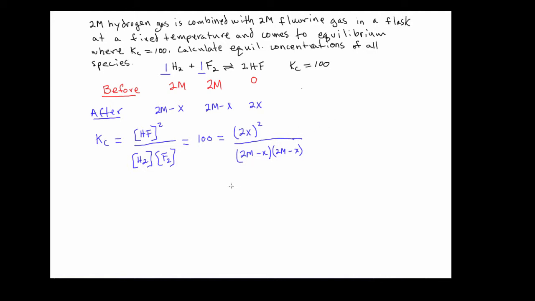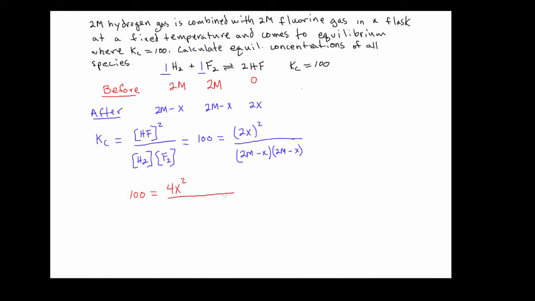Now, if you've been following my playlist, you would be aware that the previous example looks similar to this, and you probably are saying to yourself, oh my god, here we go with the quadratic equation again. But like I said, each of my videos is designed to show you a different situation. So let's simplify this a little bit further, and to emphasize that, I'm going to change my color. We're going to have 100 is equal to, let's deal with the numerator, 4x squared.